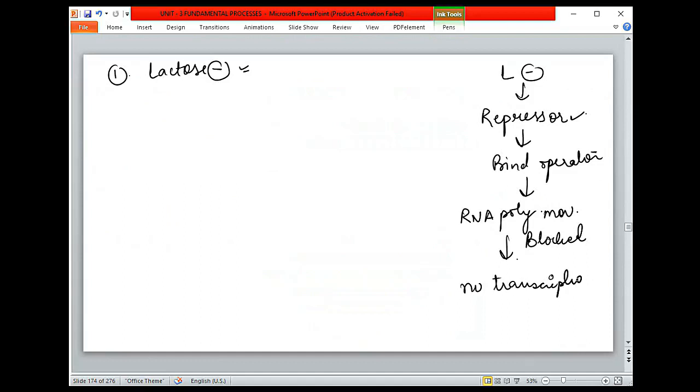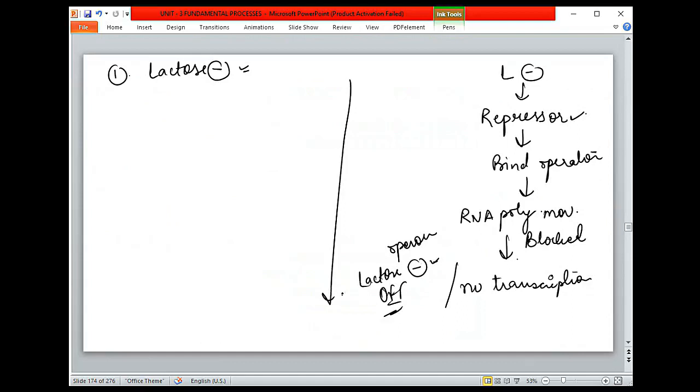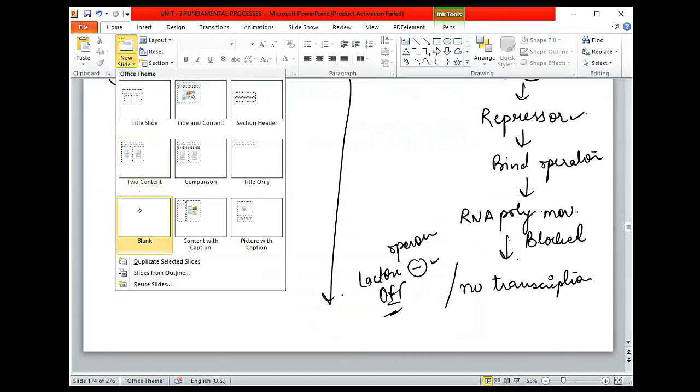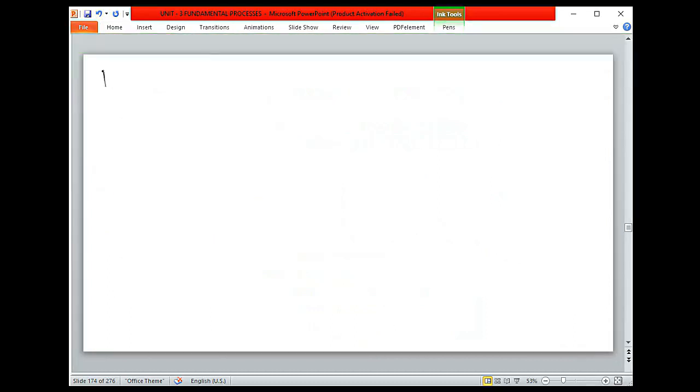That means we can say the lac operon is in the turned off situation. Understand this entire thing. Lactose absent, repressor would be produced. It binds to the operator, RNA polymerase activity blocked, and you have no transcription done, or we can say the lactose operon being in the off situation. Second scenario, when the lactose is present, in this scenario what will happen?